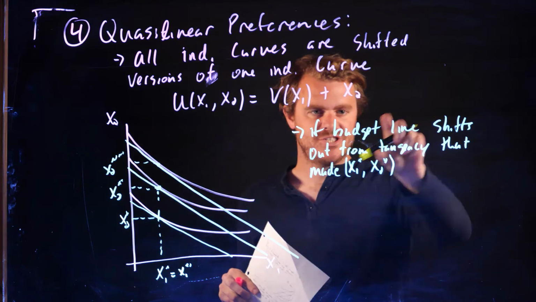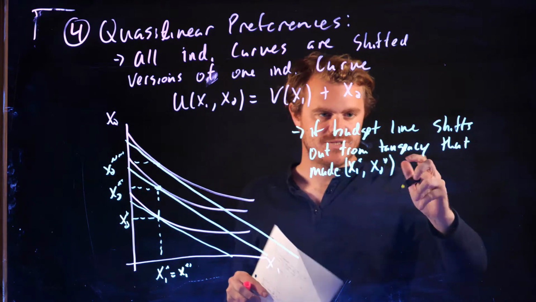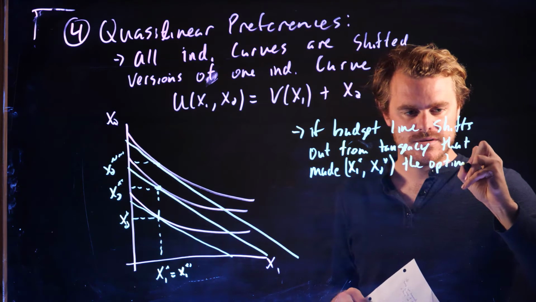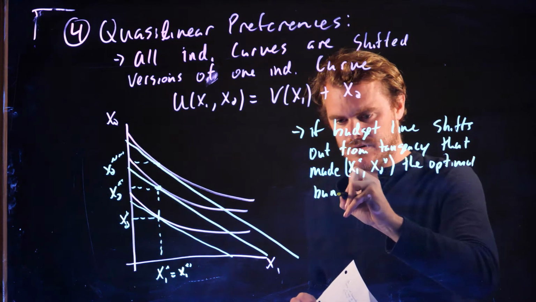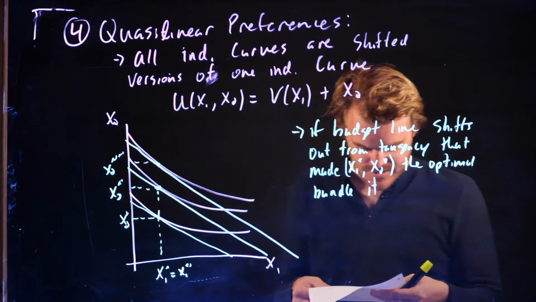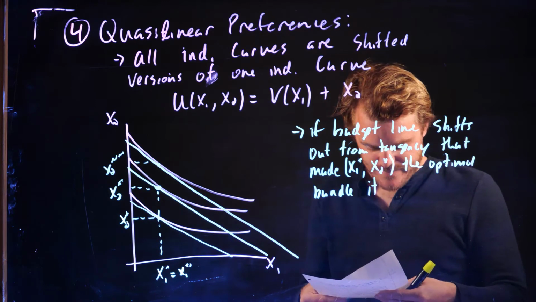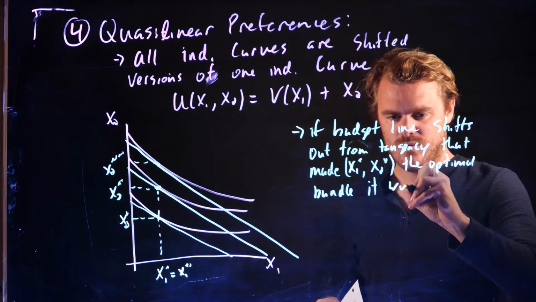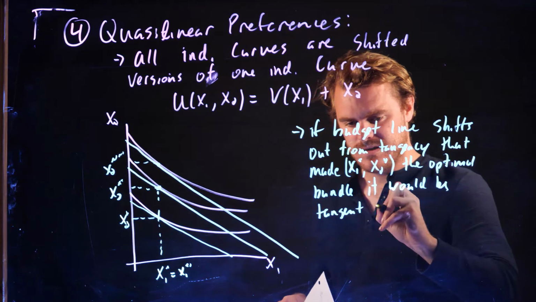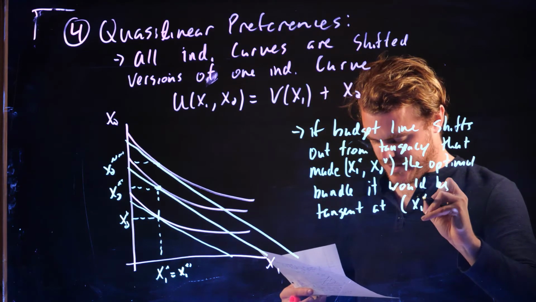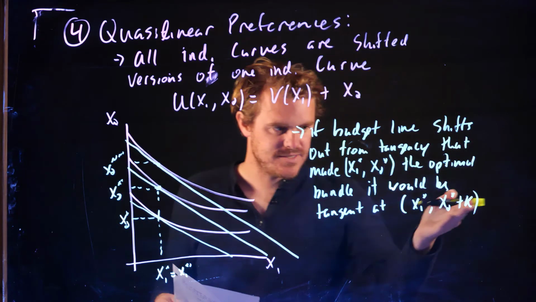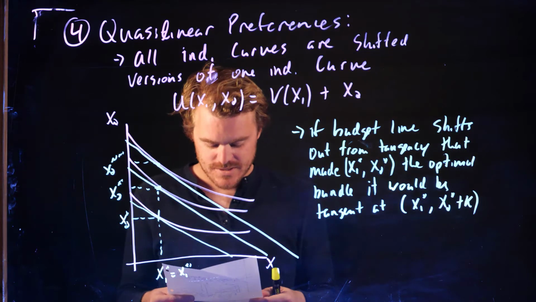If the budget line shifts out from the change they made, x1 star, x2 star the optimal bundle, it would just be tangent at x1 star, x2 star plus k, whatever this constant k is.